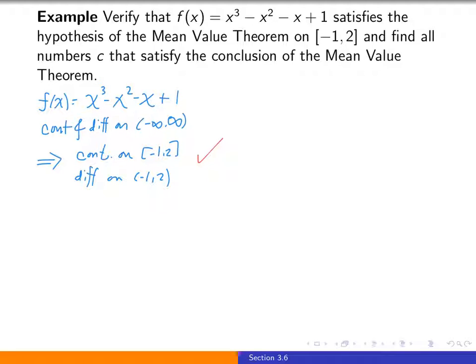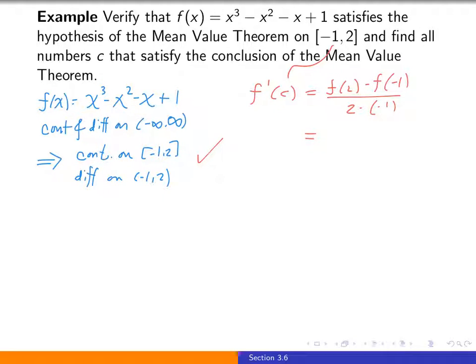Now we need to determine if there are any values c, or determine the value c, that satisfy the conclusion. So there's at least one. Will there be more? So recall the conclusion is that there is some c value with c in that interval from -1 to 2, with f prime of c equaling f of 2 minus f of -1 over 2 minus a -1.